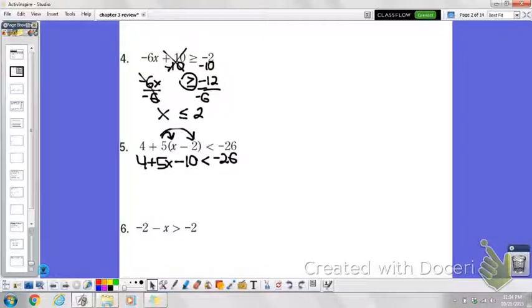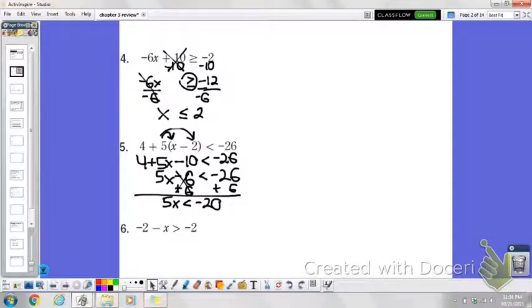Now I need to combine some like terms. We can combine the 4 and the negative 10, giving me 5x minus 6 and that is less than negative 26. Add 6 to both sides, and I will get 5x is less than negative 20.